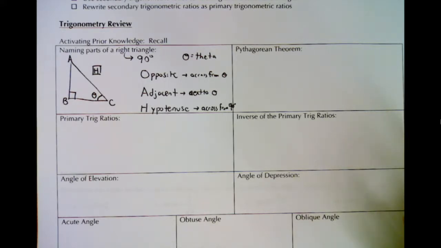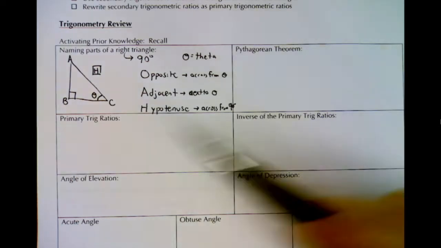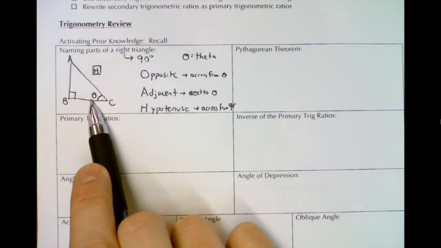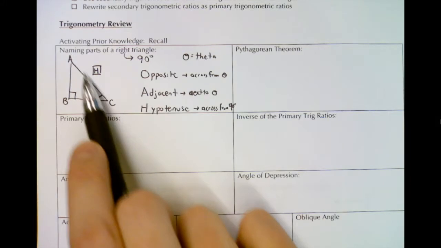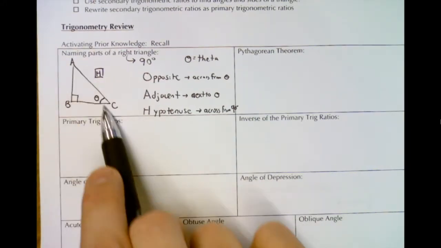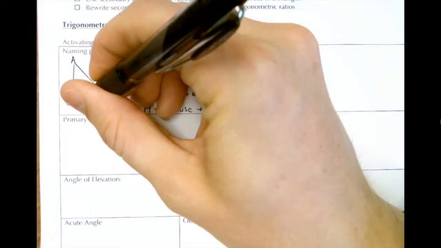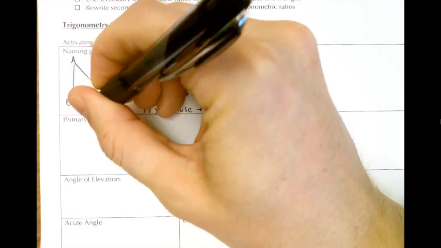After naming side H, the other easy one to name would be the adjacent because it's the other side that's touching the reference angle. The reference angle is always made up of two sides, this side and the hypotenuse. The hypotenuse will always be one of the sides touching a reference angle, and the adjacent will always be the other one, the next to.